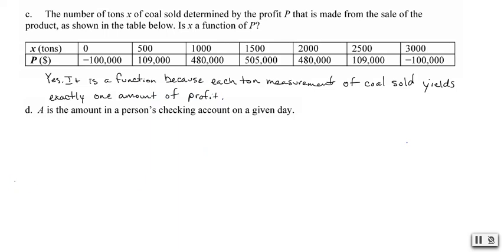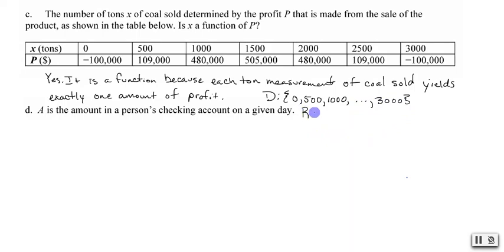All right. And if we wanted to state the domain, then we would start by our x's. 0, 500, and they're going by 500s, so write a few of those, and then your last element of 3000.